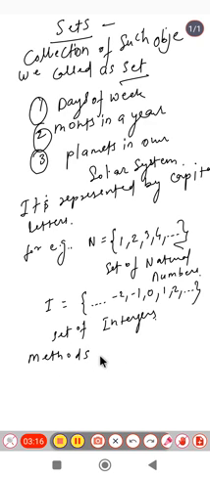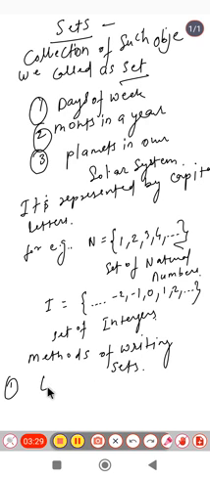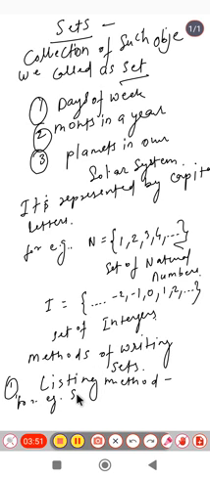The methods of writing sets. The first one is the listing method, in which we can write, for example, the set of odd numbers between 1 to 10.